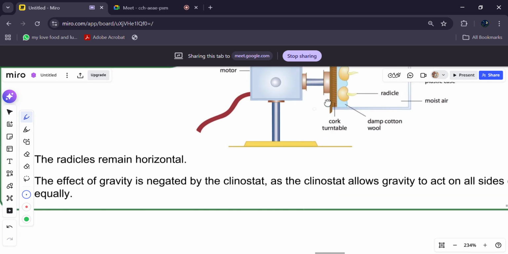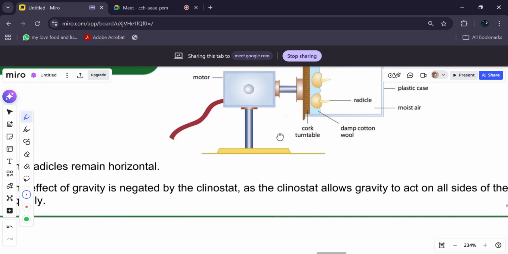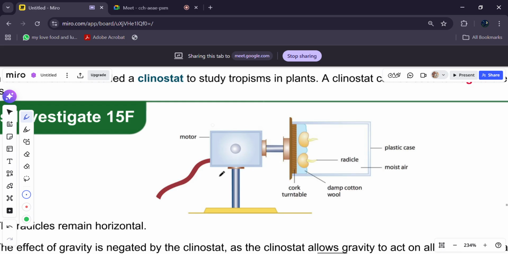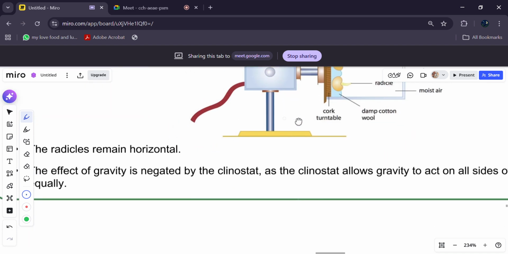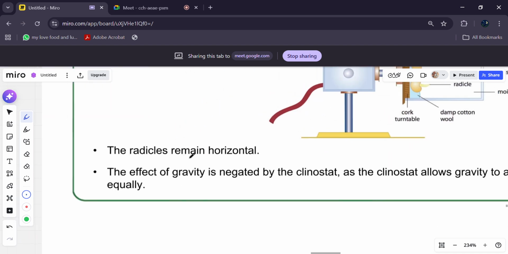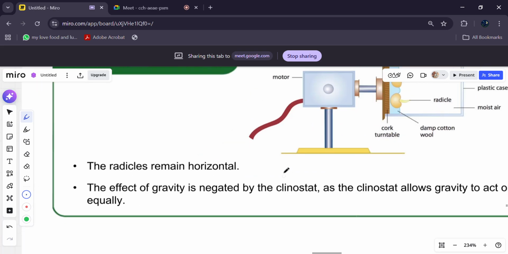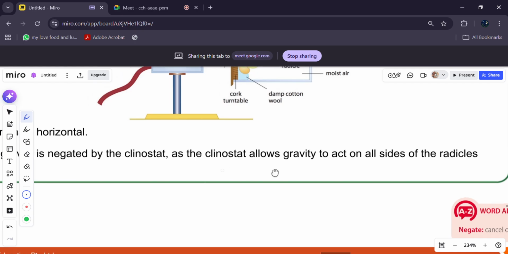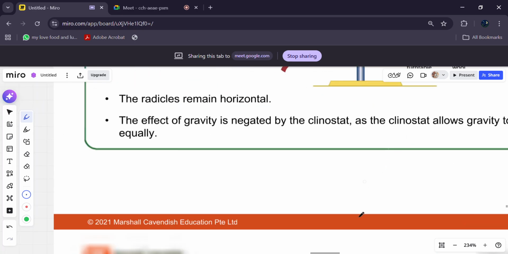In this procedure, they place seedlings with short straight radicles onto damp cotton and turn on the turntable of the clinostat, making sure the radicles are horizontal. The radicles remain horizontal, they don't change, and the effect of gravity is negated by the clinostat, as the clinostat allows gravity to act on all sides of the radicles equally.